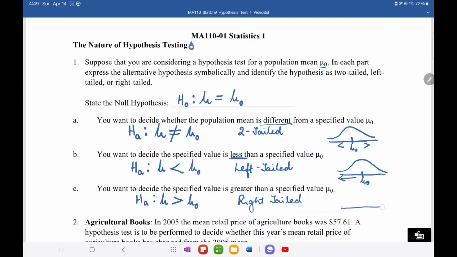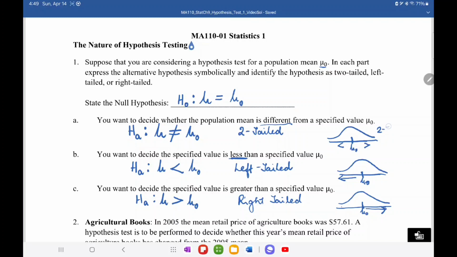For the right-tailed test, the claim is that the population mean is greater than, that means it will be something somewhere to the right of the null hypothesis mean. So that's what makes it a right-tailed test.